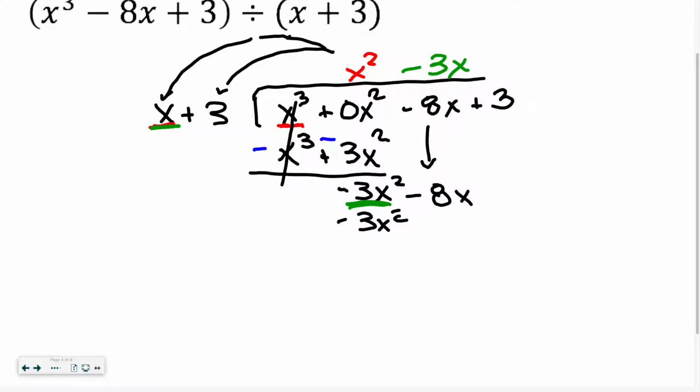I can't worry about everything, so I only look at the first terms. So negative 3x squared divided by x. And distribute the negative 3x to the 3 over there. That would be what? Minus 9x?